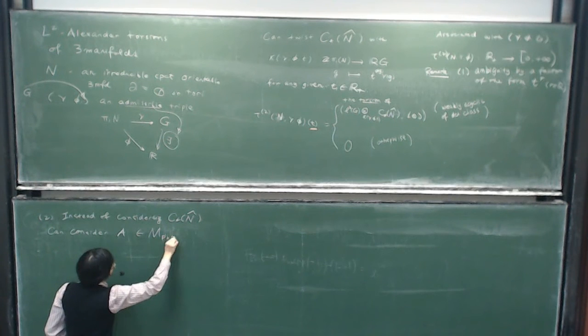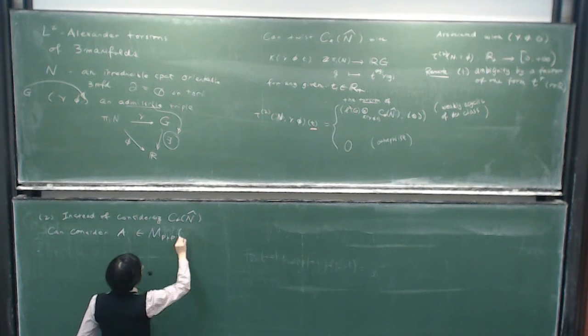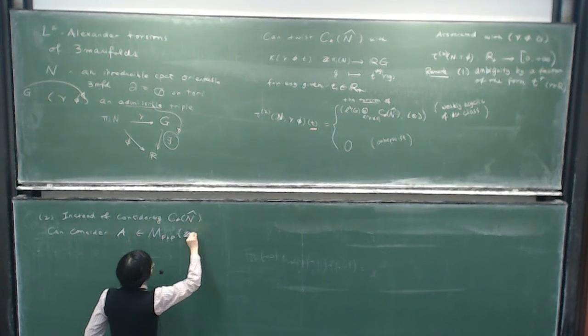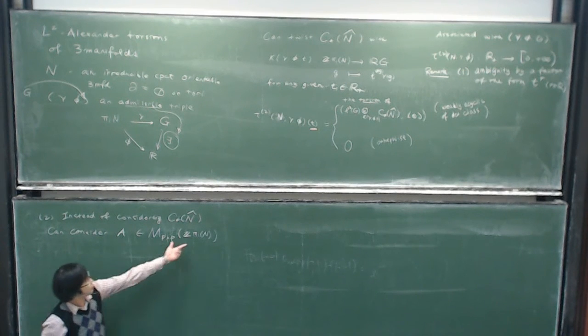For simplicity, I'll just consider square matrices that have entries in this group ring.